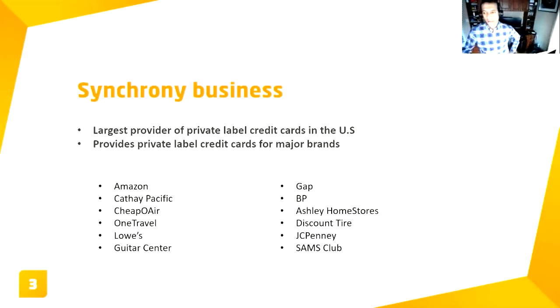And we work with a lot of major companies like Amazon, Cheapo Air, Lowe's, Guitar Center, Gap. We work a lot with the doctor's office credit care, we deal with local jewelry stores where 0% credit is required.